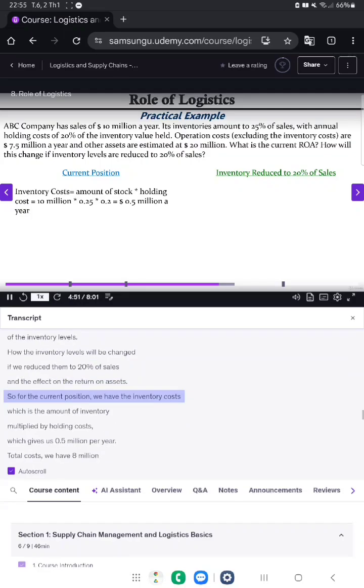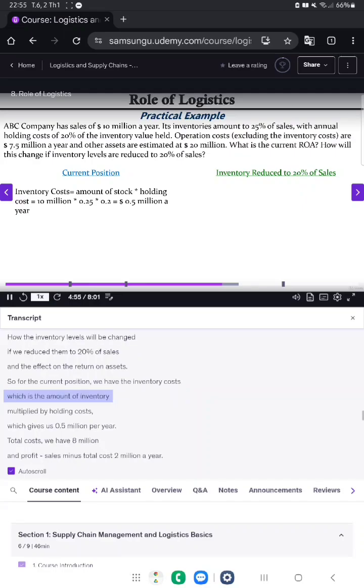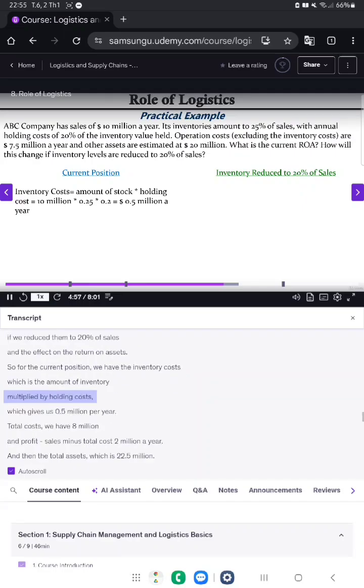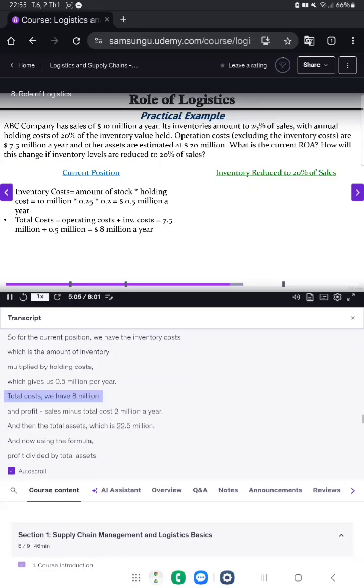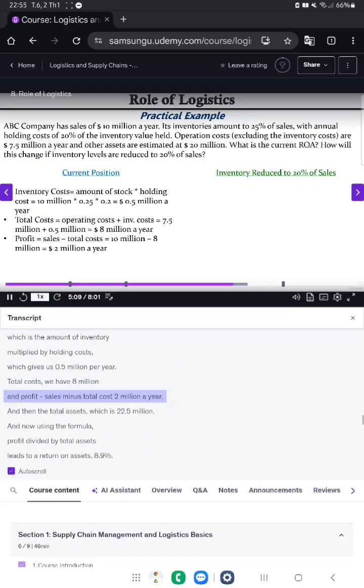So for the current position, we have the inventory costs, which is the amount of inventory multiplied by holding costs, which gives us 0.5 million per year. Total costs, we have 8 million, and profit, sales minus total costs, 2 million a year.